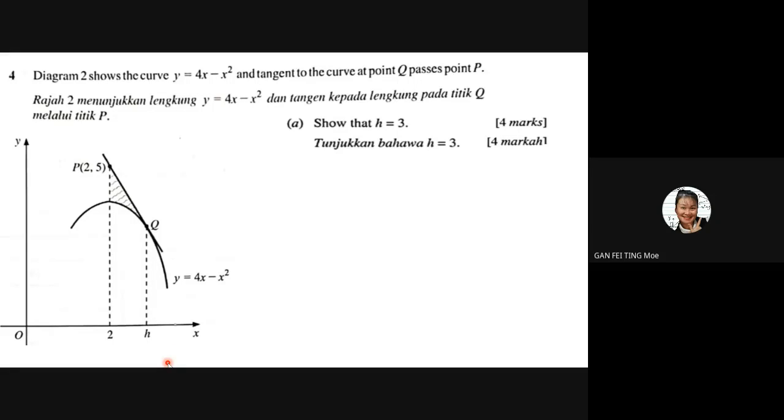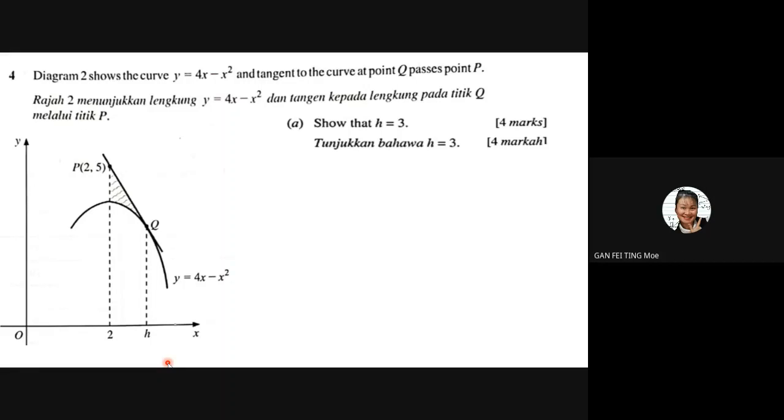Okay, Gavin, since you're online, tell me what should you do with this? I'll find the equation first. You are finding the equation. How to find the equation? Since the straight line intersects with the curve. Okay. How do you get the line intersect?